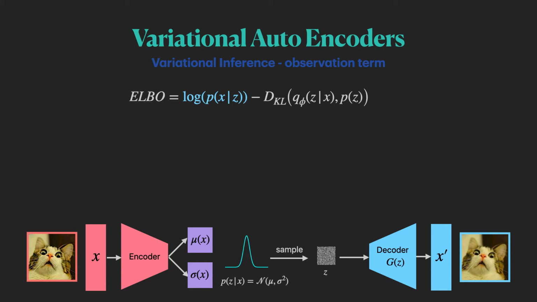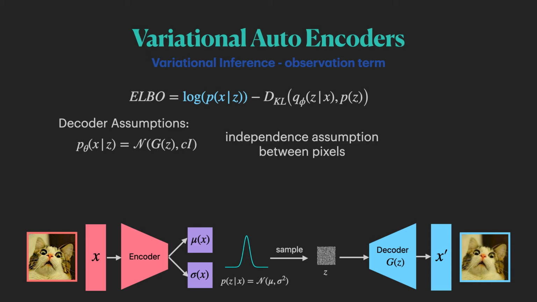If we look at the observation term, this relates to the decoder, and we make a single assumption here, that the probability of x given z is a Gaussian, where the mean is the output of the decoder, and it has a constant variance across all pixels, so we assume that there is independence between those pixels. And if we plug that in, we get our reconstruction term divided by 2 times the variance.